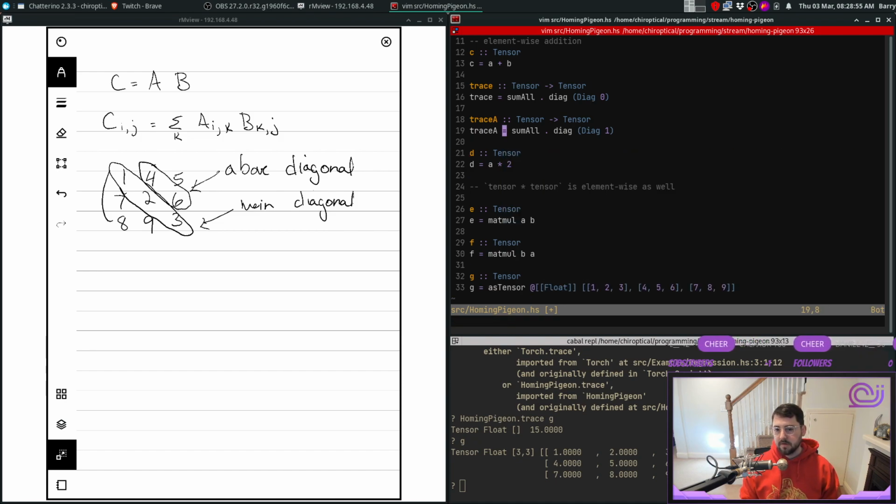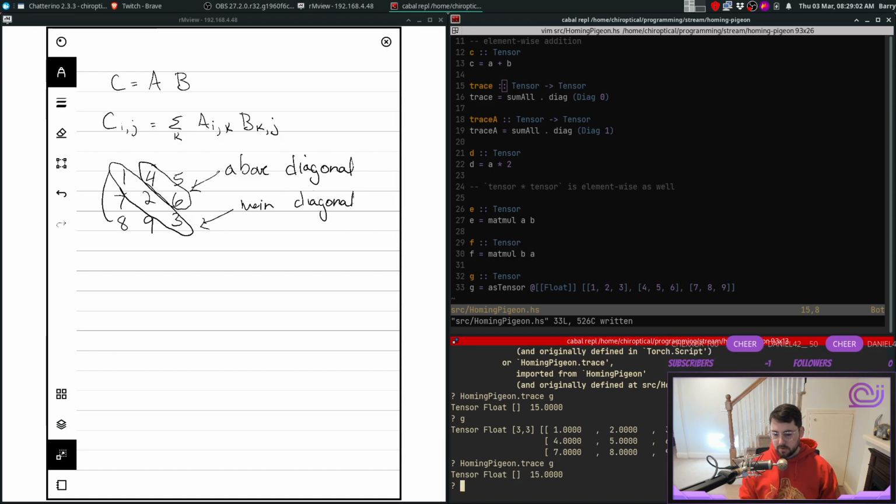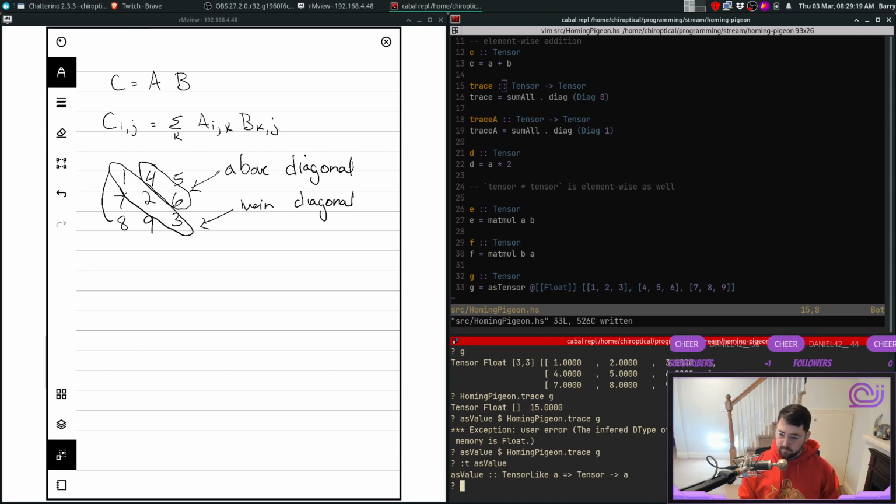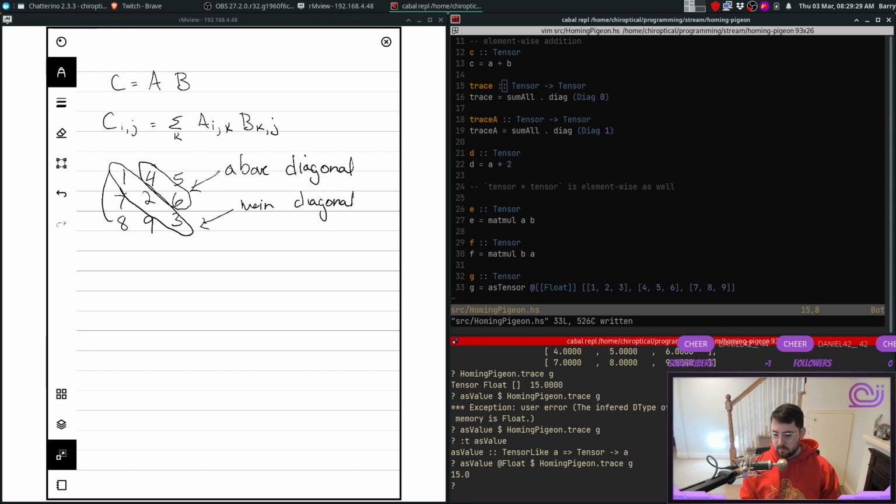So I wonder if we can take as value. Let's do homing pigeon trace G and then as value and see what that does. Okay, so we need to specialize as value to float, and then we're good to go.